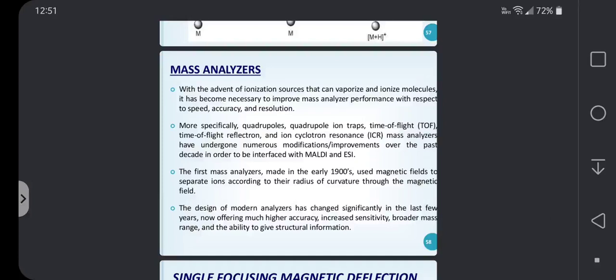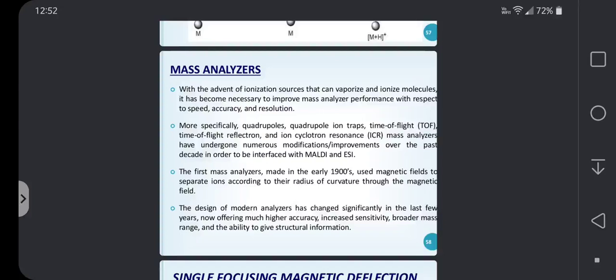Let's move on to the mass analyzers. With the advent of ionization sources that can vaporize and analyze molecules, it has become necessary to improve mass analyzer performance with respect to speed, accuracy, and resolution.